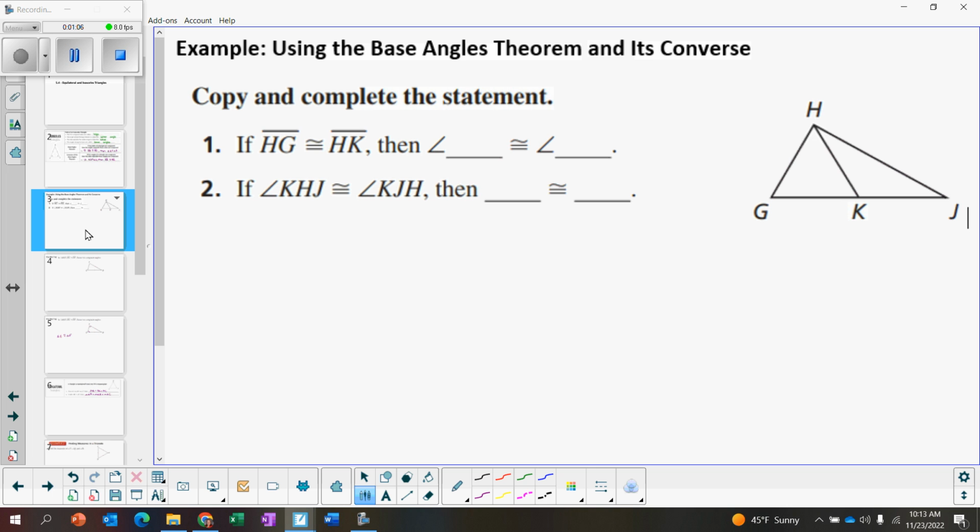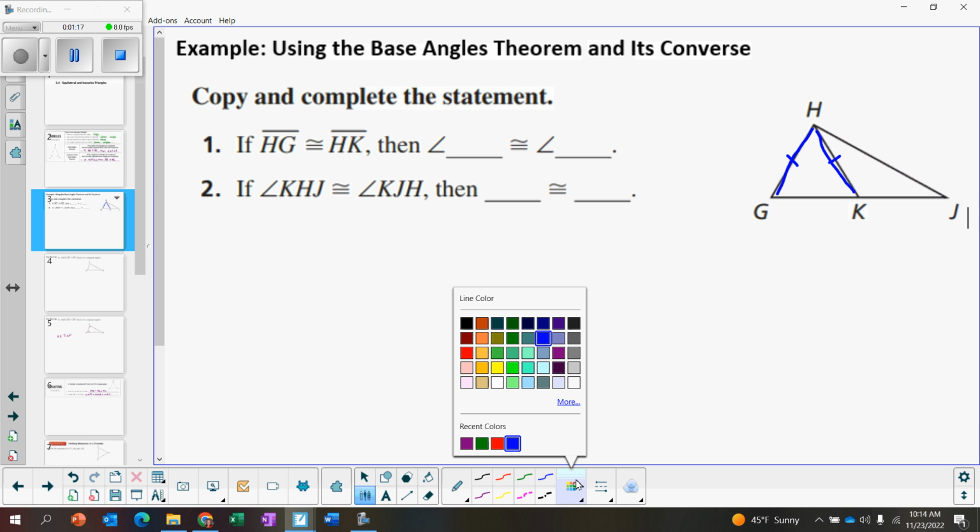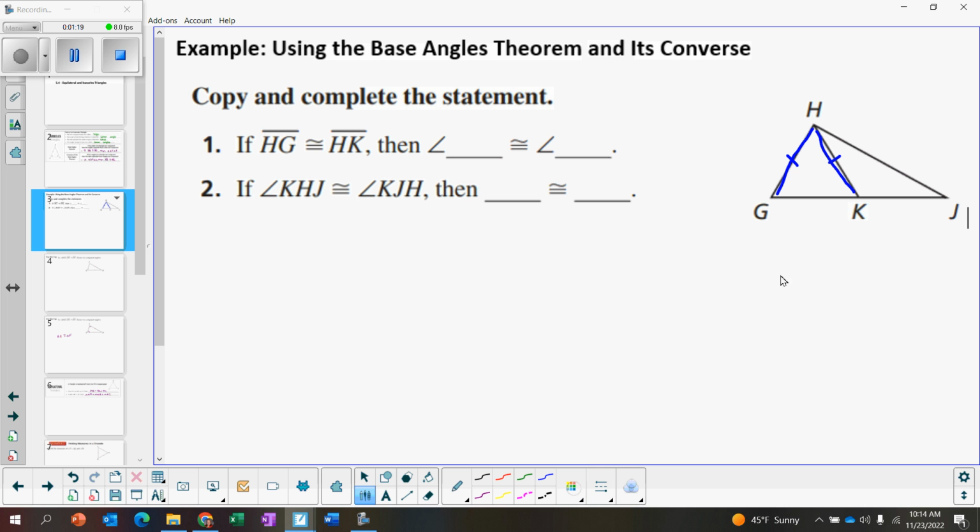So let's use the base angle theorem and its converse. If I knew that segment HG was congruent to segment HK, these are my legs, making this last side my base. So the two angles on the base would be congruent, so that's angle G. And the other one I can't call K because there's a lot happening in K, but angle HKG.